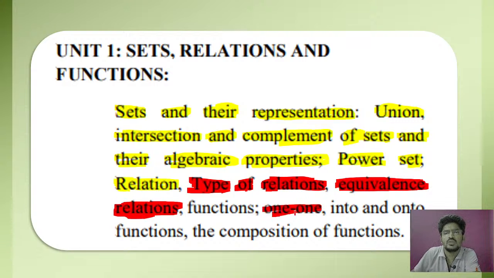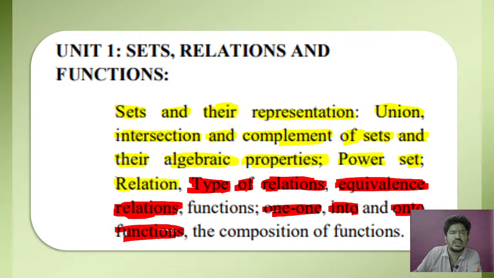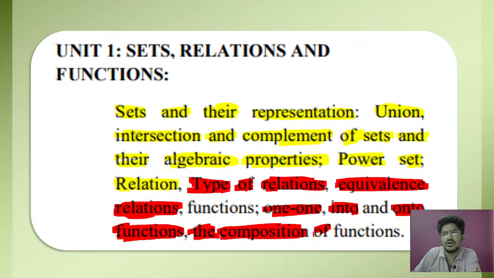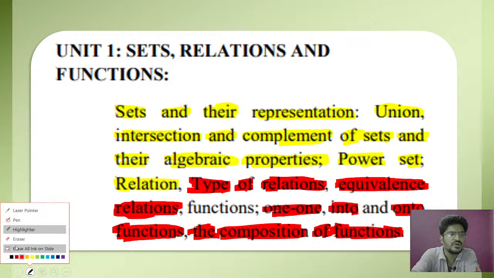Next, one-one, into and onto functions you learn in 12th class, and the composition of functions you learn in 12th class. Clear? Or you can also say it is your second year. So here functions is of your 11th class.